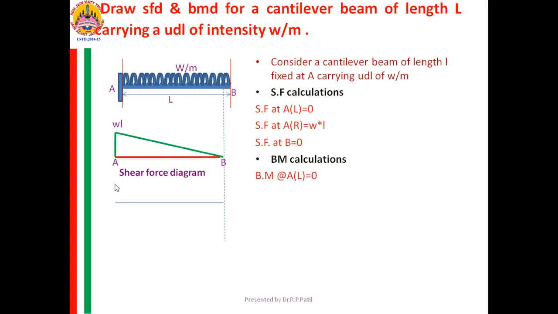Now, whether the beam bends in downward or upward. Beam bends in downward direction. Therefore, the BM is to be taken as negative. Minus WL into L by 2 is equal to WL square by 2.